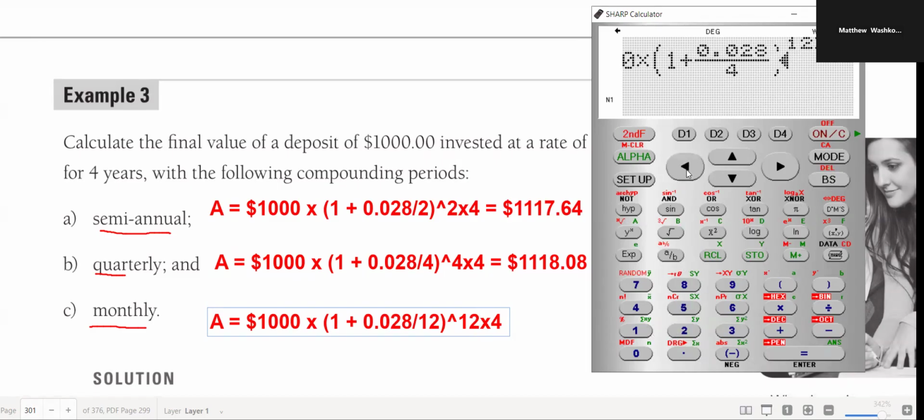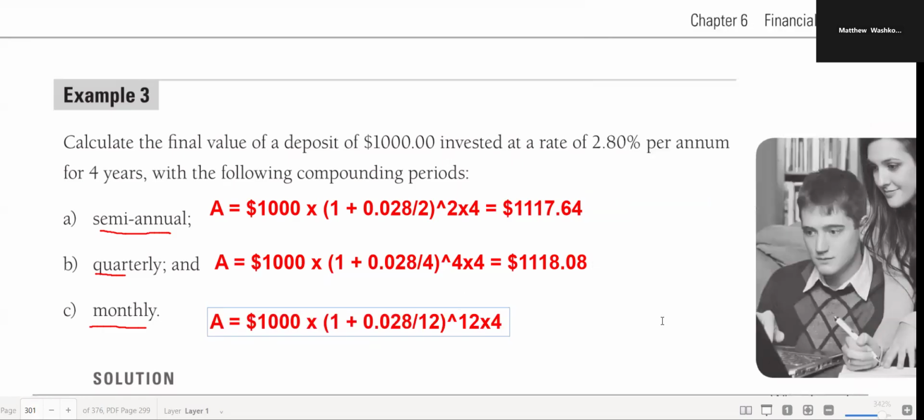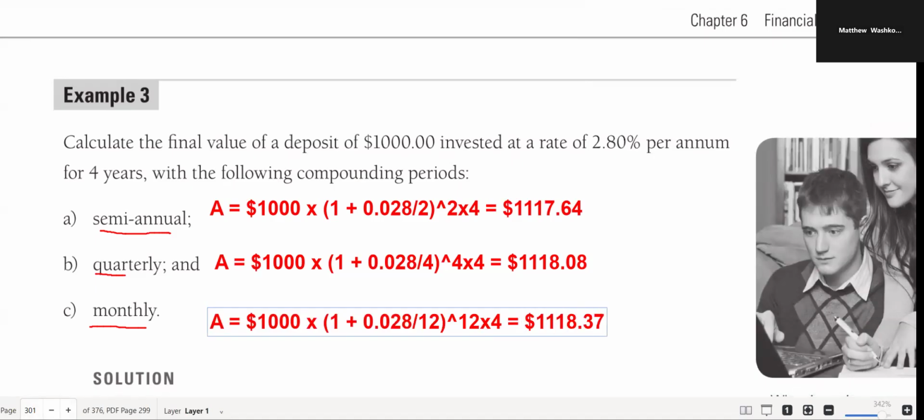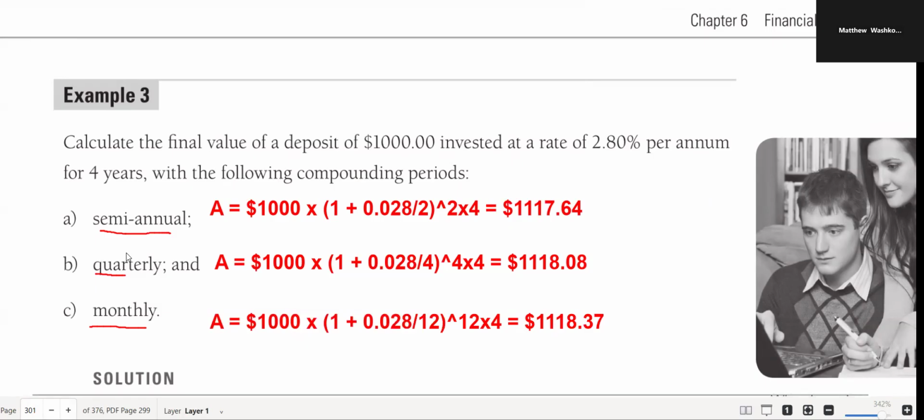It's 12, backspace, 12. $1,118.37. So you can see the more we compound, the higher it gets.